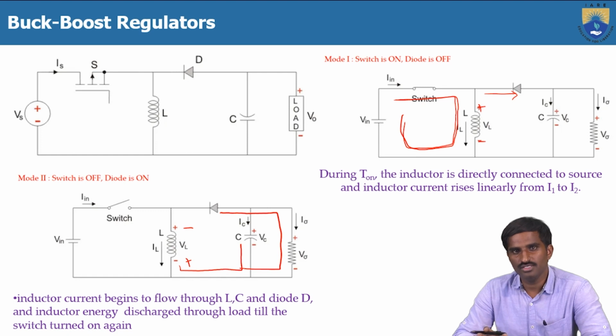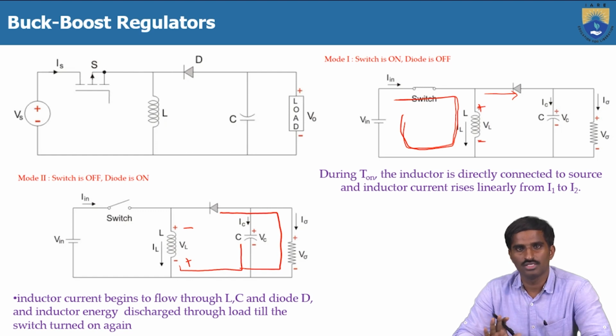And the major difference between the normal DC to DC converter and the switch mode regulator is this. Of course, in a normal DC to DC converter also we can use, instead of a thyristor, an IGBT or a MOSFET. It does not mean we must use only a thyristor in DC to DC converters, that is, in a buck, boost or buck boost converter.